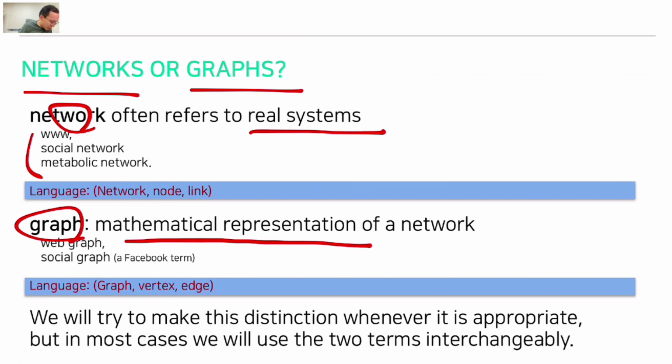We try to make this distinction whenever it is proper, but in most cases we will use the two terms interchangeably. Even in scientific papers, even some mathematical papers, some people refer to graph data as network. So we started from this distinction, but eventually you will use these terms interchangeably. But it's good to know, right?